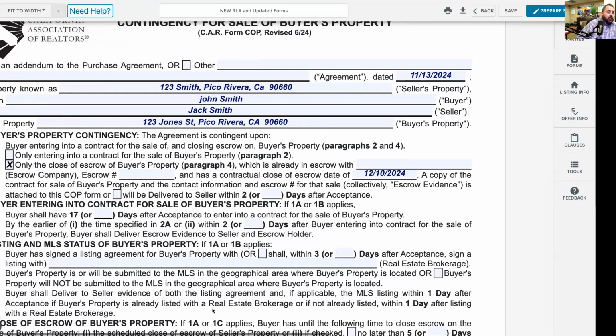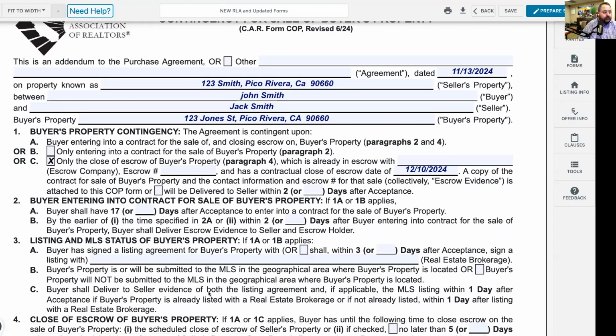Okay, so now we get to paragraph 2. This is if you've either left it at the default of paragraph 1 of 1A or you've added 1B, right? You've done 1B, then you have to fill out this section.